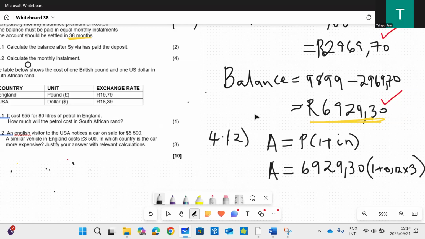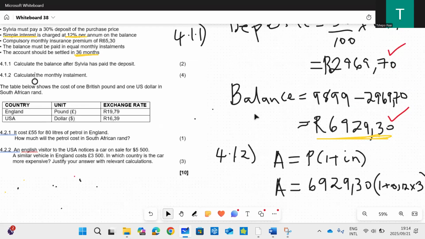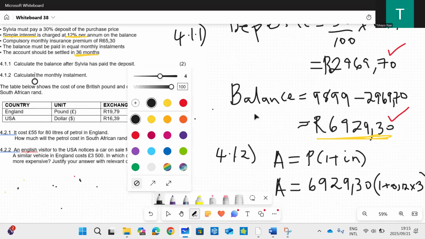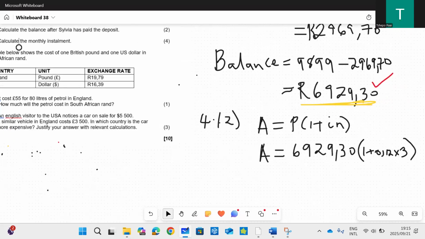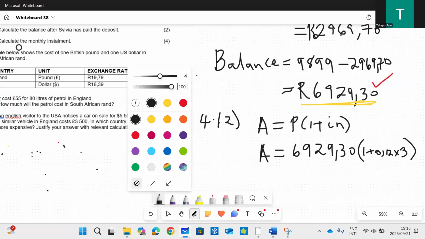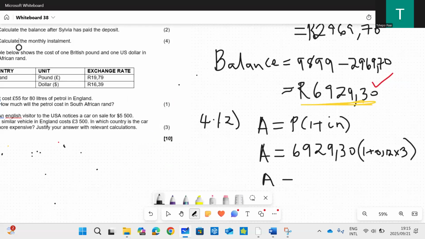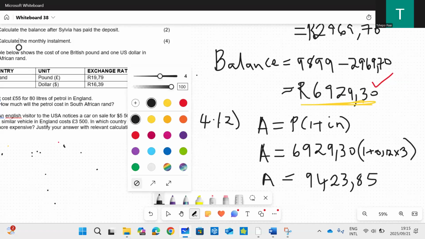Therefore, we will end up with our A. Our A will then be equal to R9,423.85.